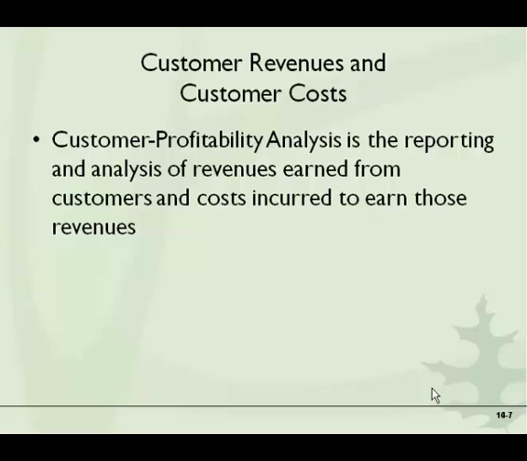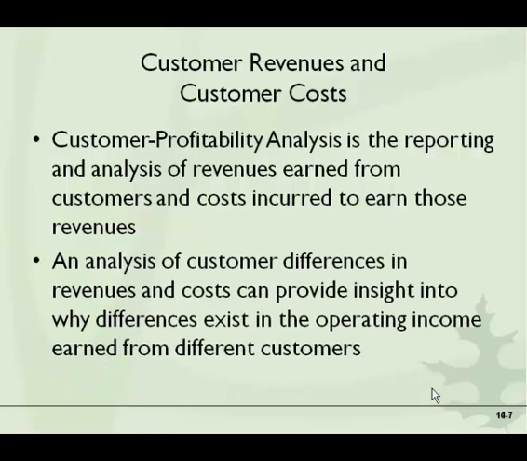So essentially, we're still concerned with allocation, only now the cost objects are the customers or class of customers, some kind of grouping of customers. An analysis of customer differences can provide insight into why we're getting differences in operating income earned from different customers. And if we can understand why, perhaps we can use different approaches to maximize our operating income.